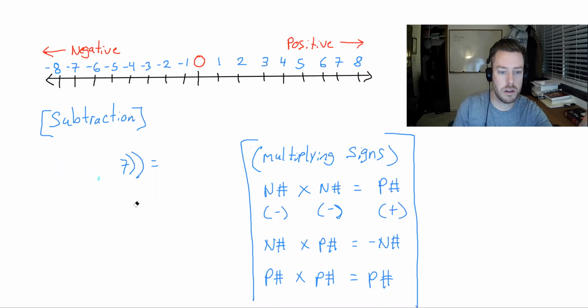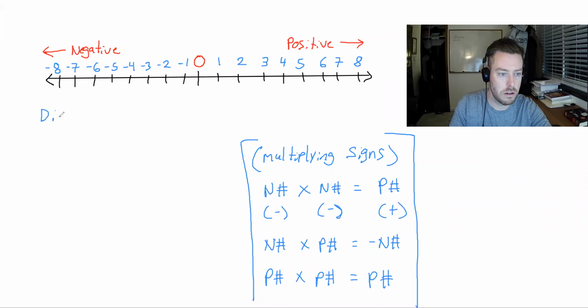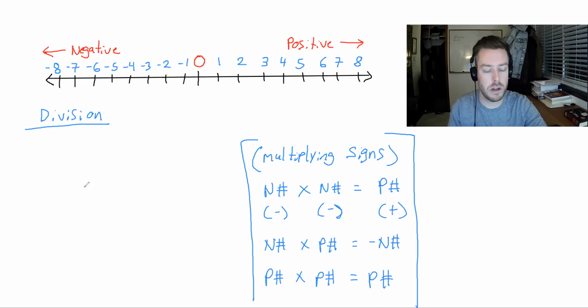So what we're going to go on to next is division. So when it comes to division, division is the reciprocal of multiplication, and you'll see this when we get to fractions in a minute.